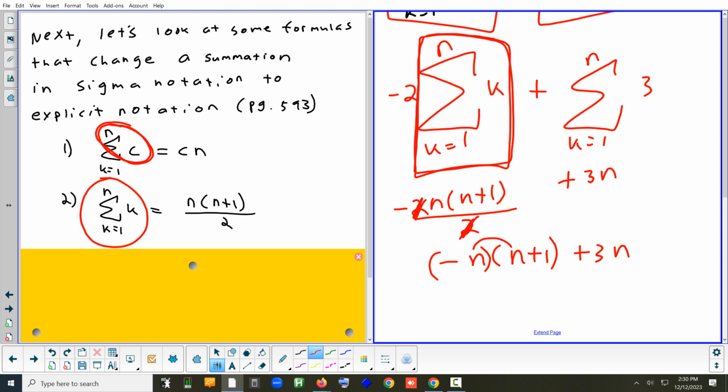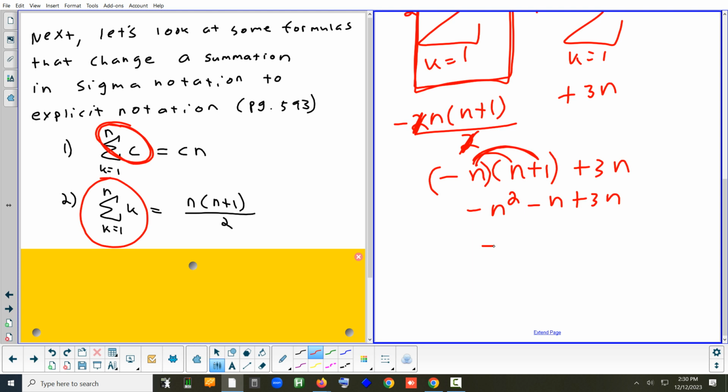Yep, you have to distribute it. What's negative n times positive n? Negative n squared. And what's negative n times positive 1? Negative n. Negative n plus 3n. And what's negative n plus 3n? 2n.